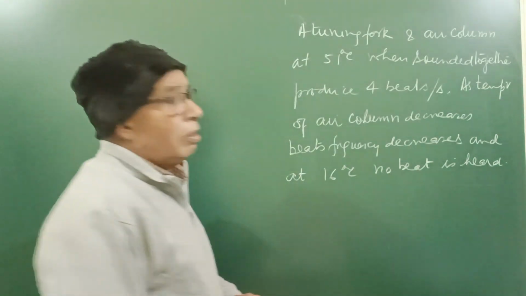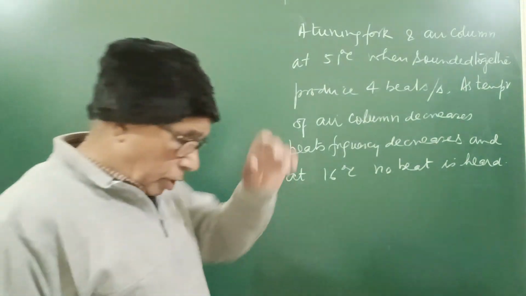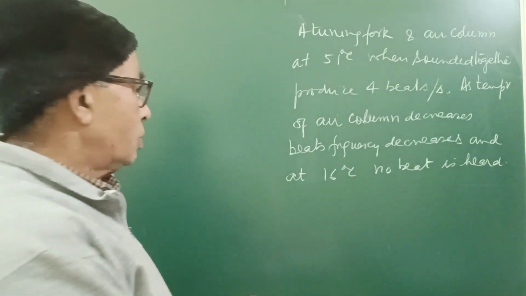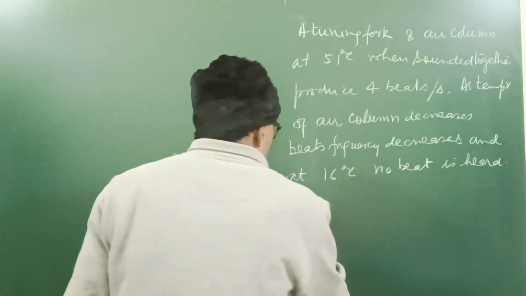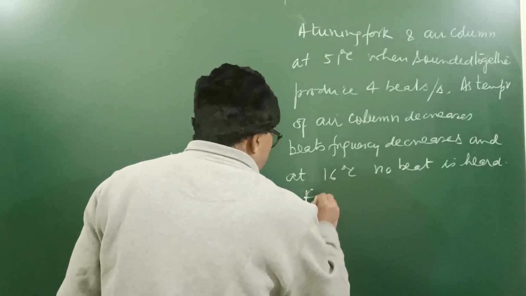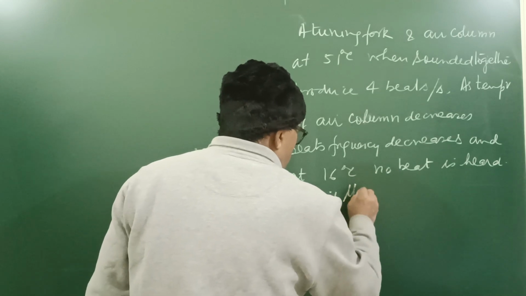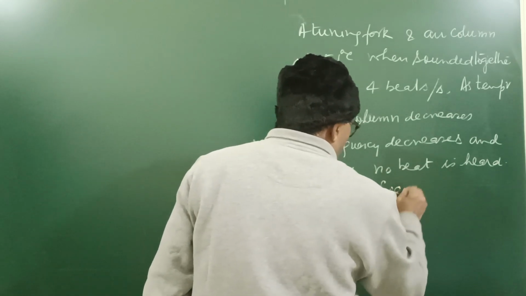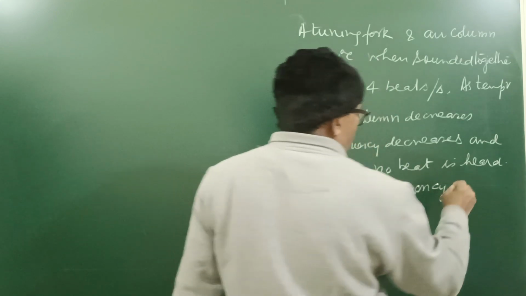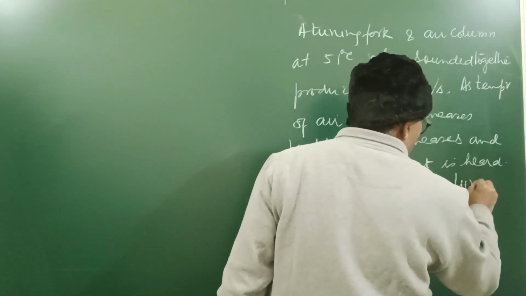Means the tuning fork and air column have the same frequency. So find the frequency of the tuning fork.